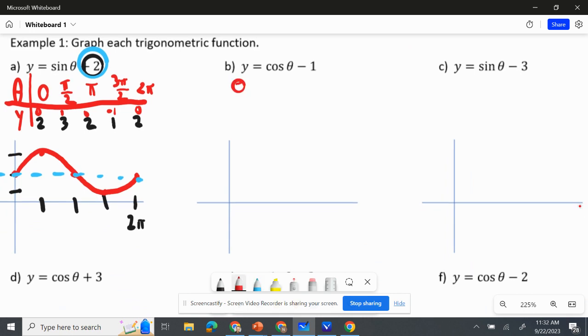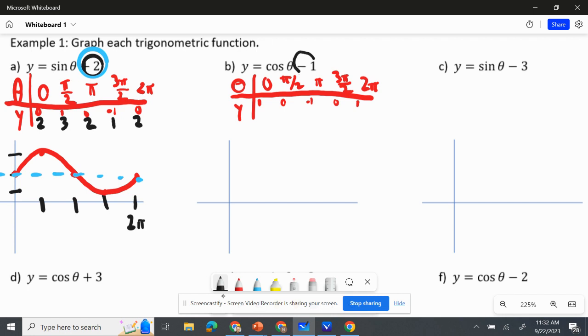So with cosine, we have the same 0, pi halves, pi, 3 pi over 2, and 2 pi. Now, when we're graphing this, our normal cosine curve values are 1, 0, -1, 0, and 1.